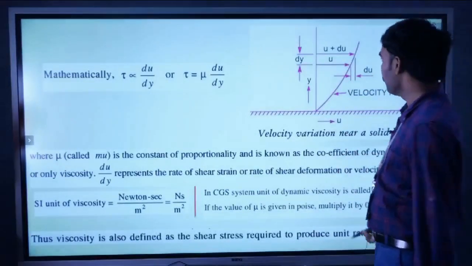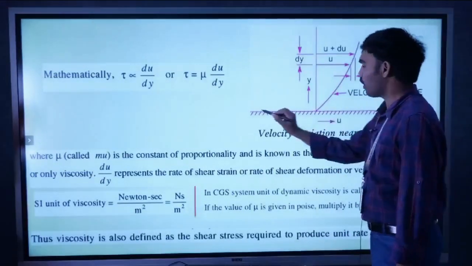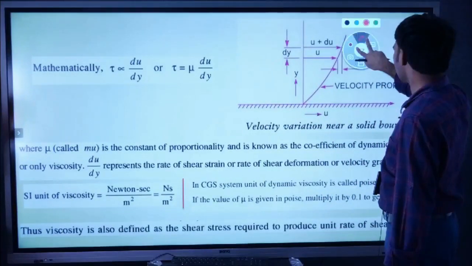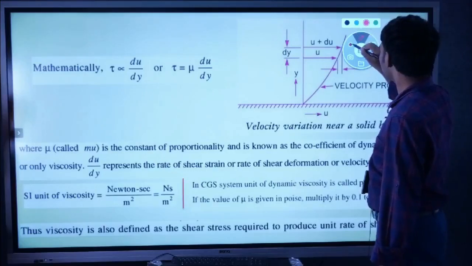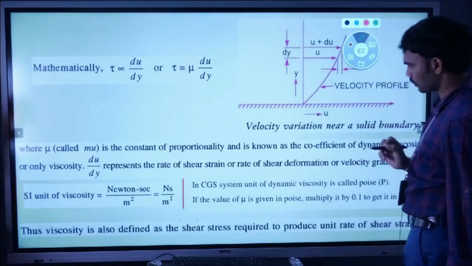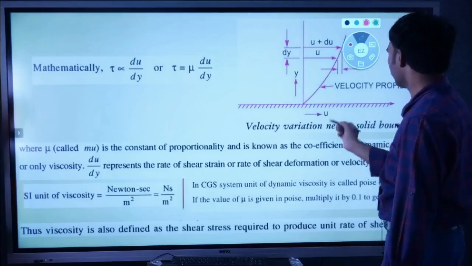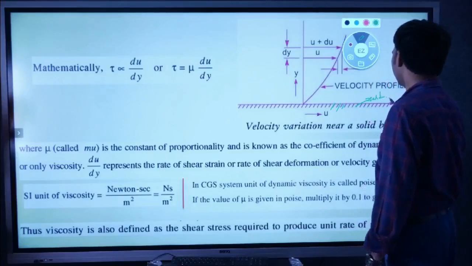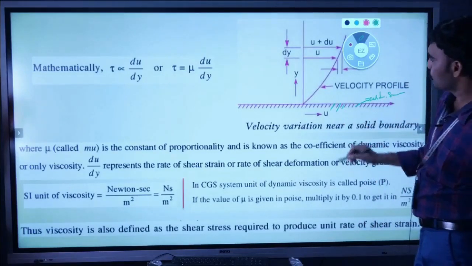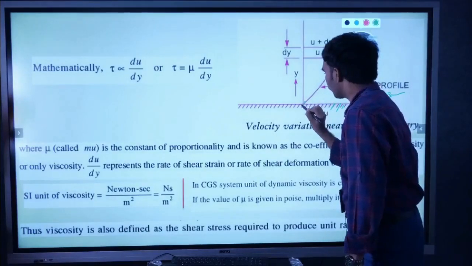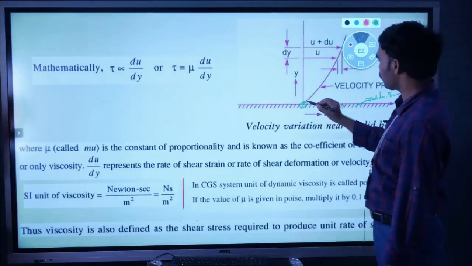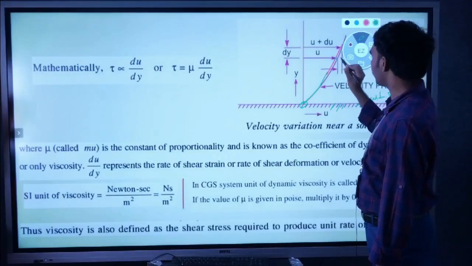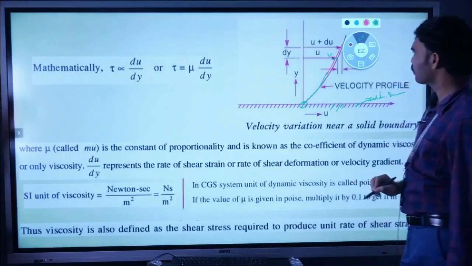Now I am drawing the velocity profile. If you see here, this is the solid surface or fixed plate. When the fluid particles contact with the solid surface, the velocity is 0. The velocity slowly increases, and somewhere it will reach the velocity u, right?